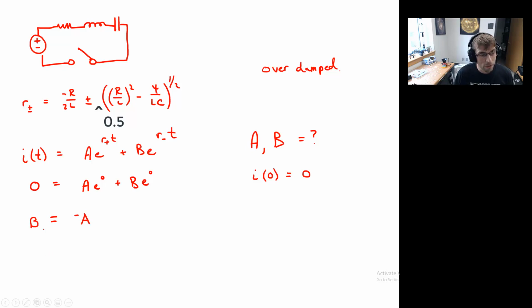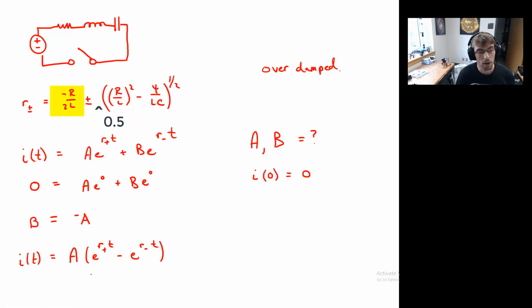Now I can write I of t is equal to A, and I'll put in here e to the r plus t minus e to the r minus t. And I can go even further.